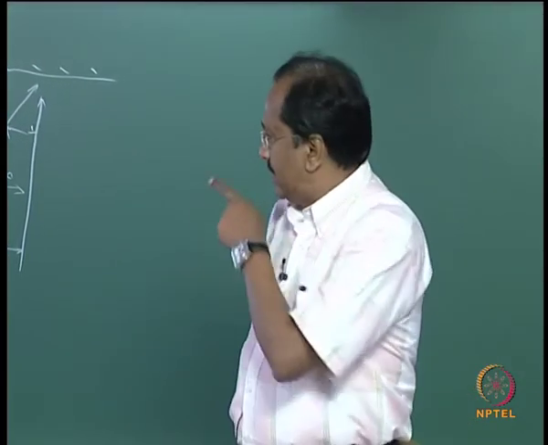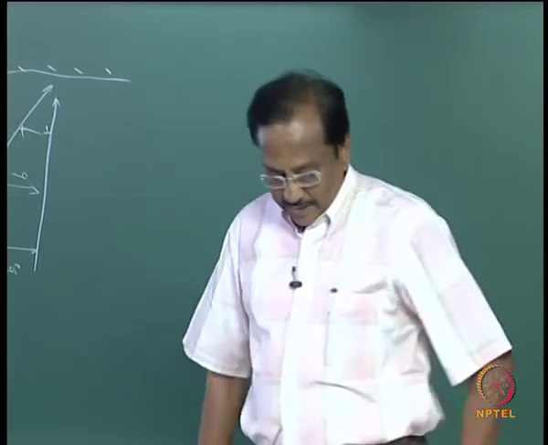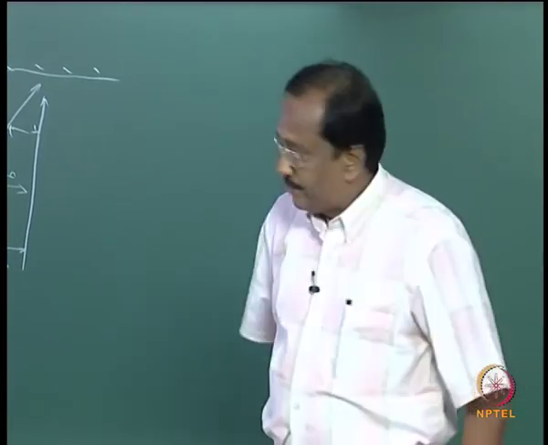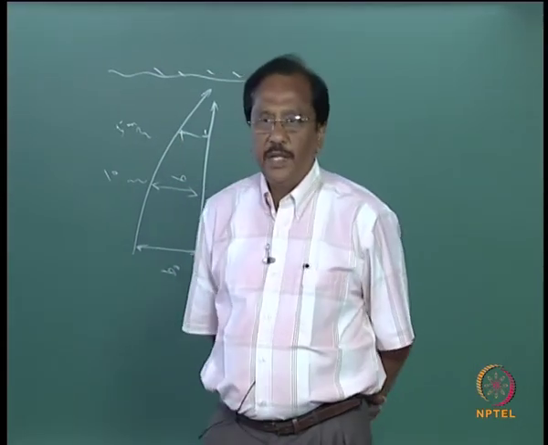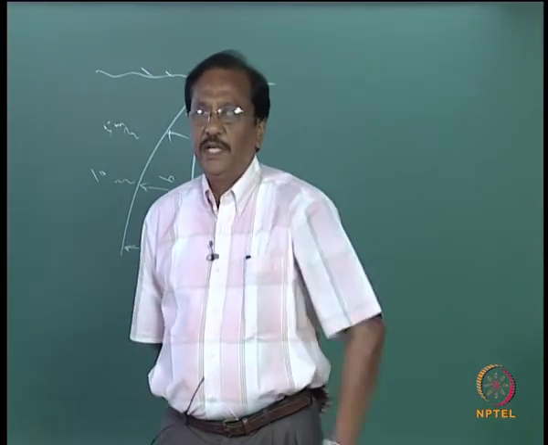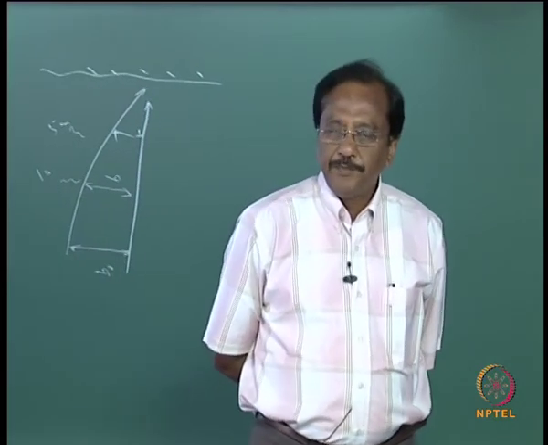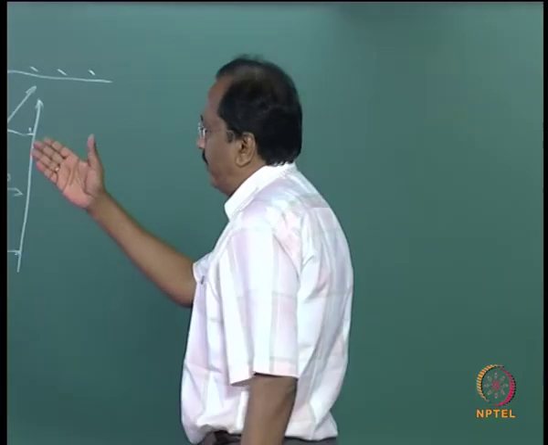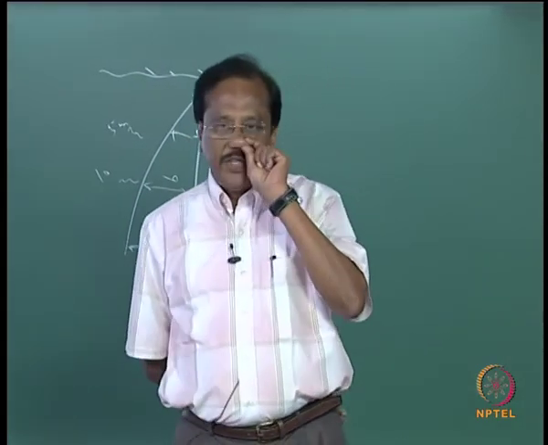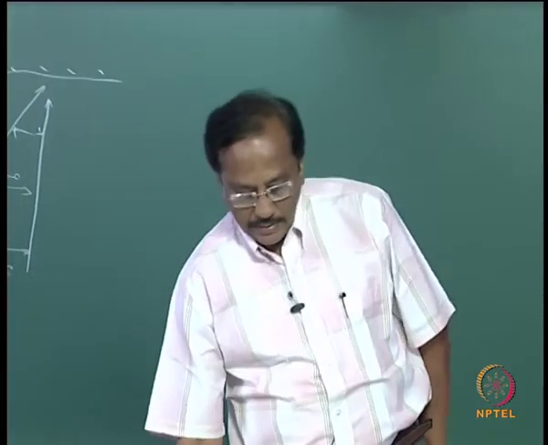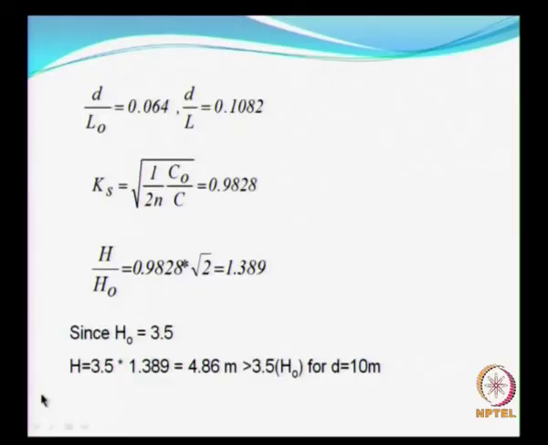So with B naught, you calculate your other parameters, L naught, then d by L, then you know how to calculate your Ks as we have seen in the earlier problem. Is that clear? Now you have both your Shoaling coefficient and the refraction coefficient, substitute and get the ratio between H and H naught.